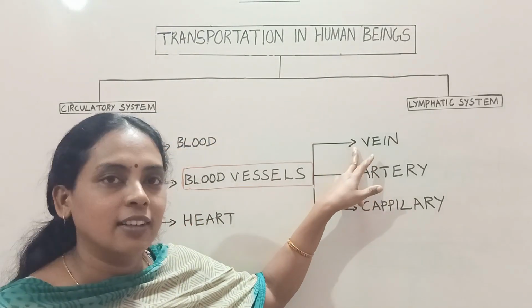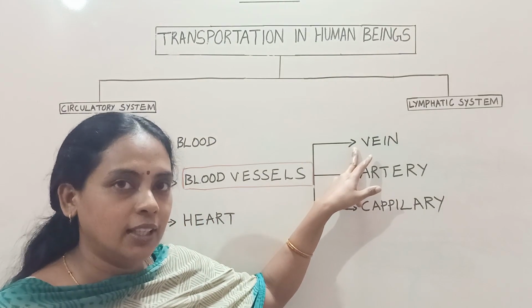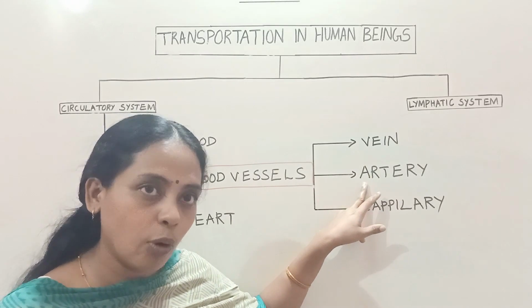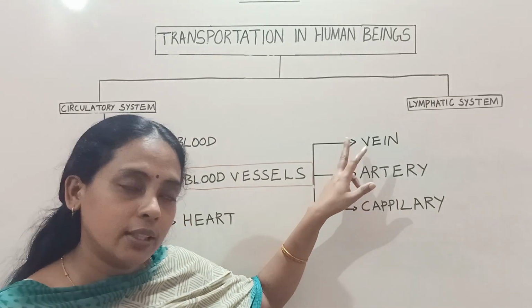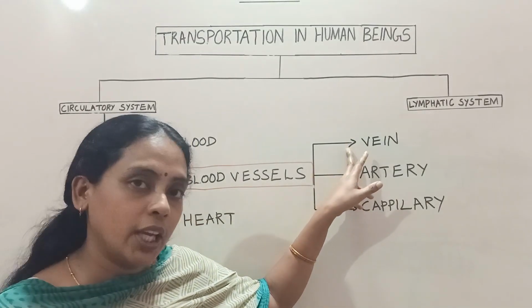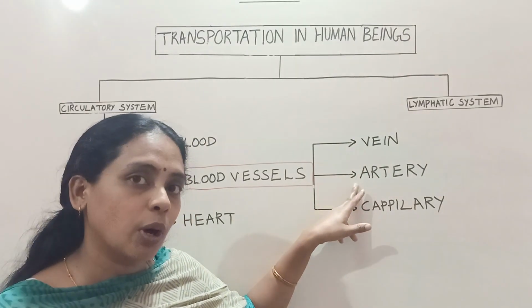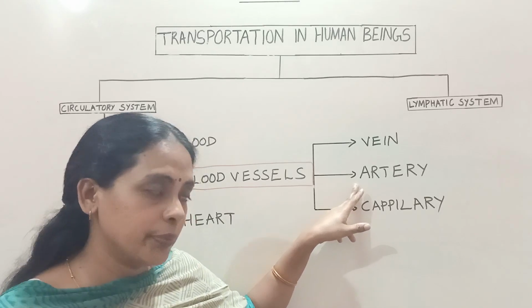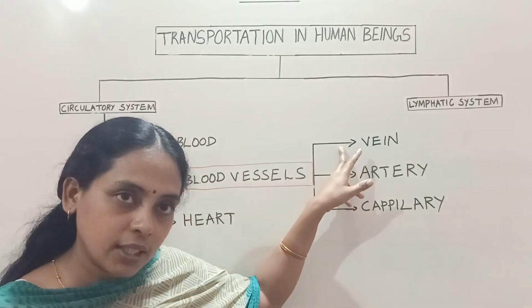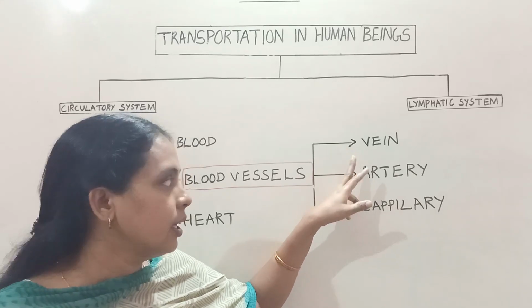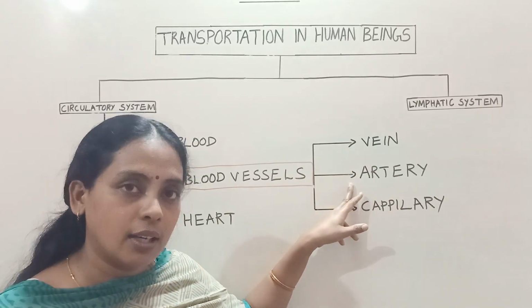Vein is made up of a thin elastic wall, arteries are made up of a thick elastic wall. Flow of blood in vein is not under pressure, whereas flow of blood through artery is under pressure. Valves are present in our vein in order to check the backflow of blood. There are no valves present in artery.